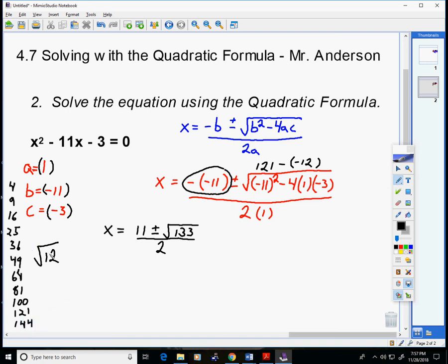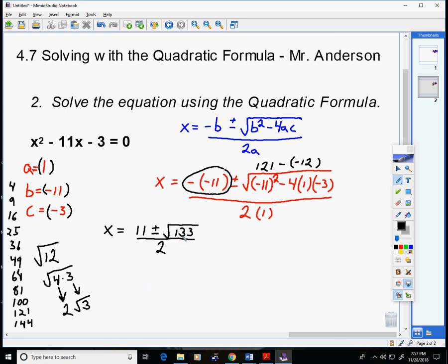Well, I know that 12 is 4 times 3, and I know what the square root of 4 is. So I'm going to rewrite this as the square root of 4 times 3. Square root of 4, I know, is 2, so I'm going to rewrite that as 2. And the square root of 3 doesn't simplify anymore, so I just leave that as the square root of 3. So that's simplifying a radical.